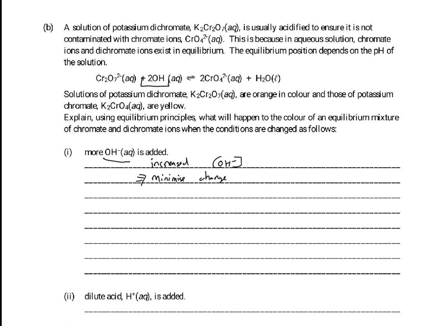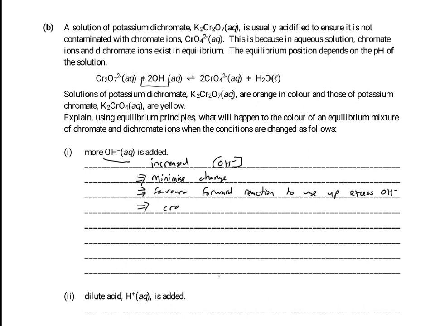And the way it does this is it favours the forward reaction. And to get merit, this is what a lot of people missed off. The reason why it favours the forward reaction is to use up the excess OH minus.